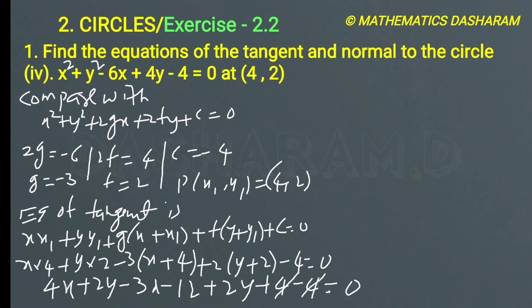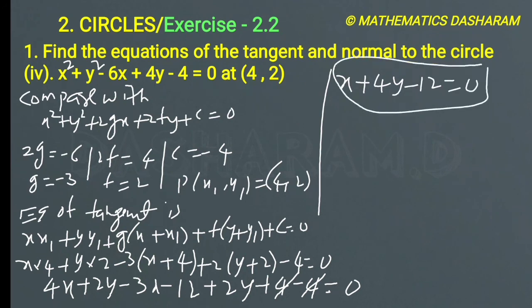Here +4 and -4 cancel. So 4x - 3x is x, 2y + 2y is 4y, so x + 4y - 12 = 0 is the equation of the tangent.